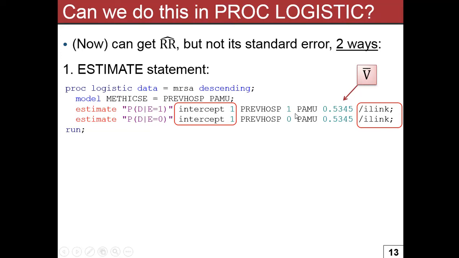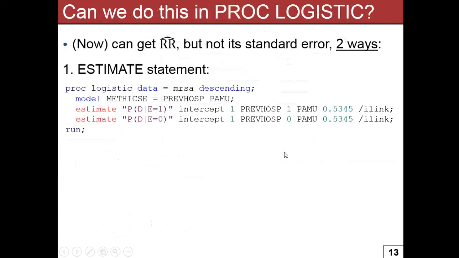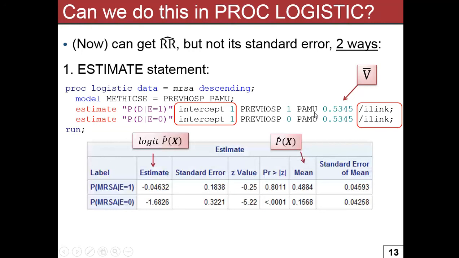This says, I don't want logit. I want it to compute 1 over 1 plus e to the minus blah. I want you to compute that function on the result. So this says, give me 1 over 1 plus e to the minus, this times 1, this times 1, this times 0.5345. Okay, you do that, and SAS gives you this little table of output.